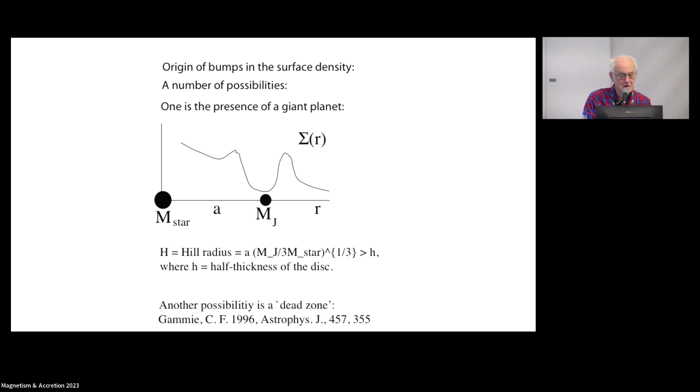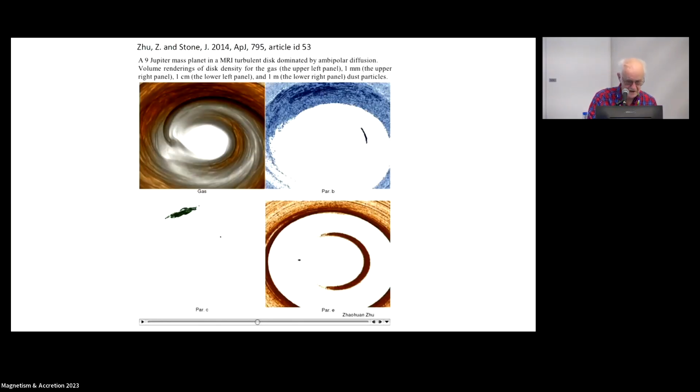So the origin of the bump in the density, one of the possibilities is you have a planet, a Jupiter-sized planet, and the disk equilibrium has bumps in the surface density, and those bumps then are very good at generating these vortices, and the vortices trap gas.